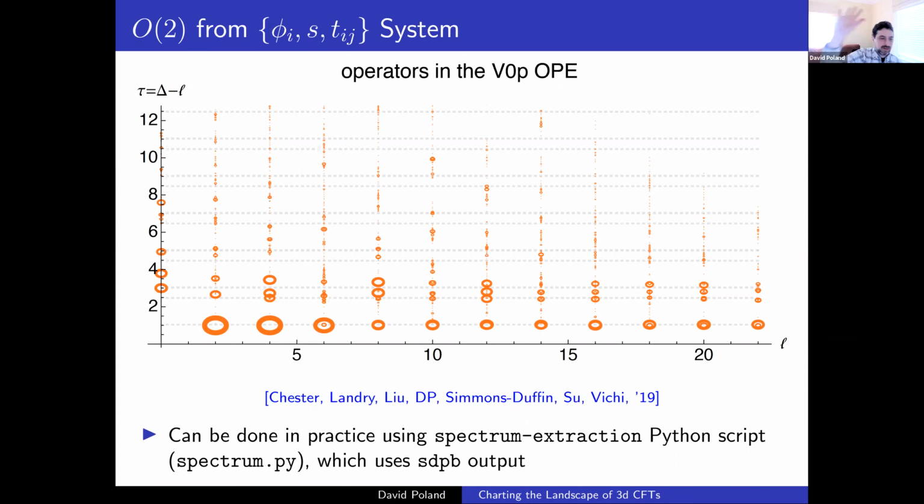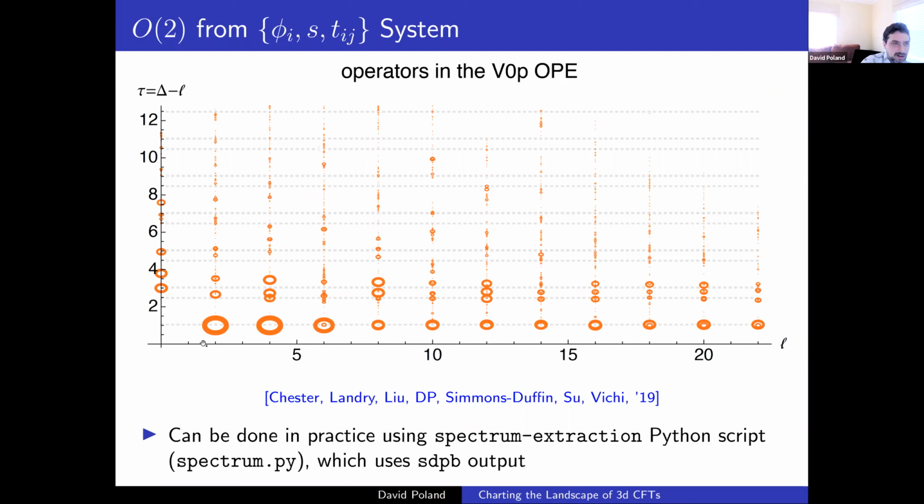We moved around on the island, and the size of the circle shows you in how many of those extremal spectra you see an operator at that location. Big circles correspond to robust operators, which are in all of the extremal solutions that we looked at, and small circles mean they're not very robust, and probably you can ignore them.